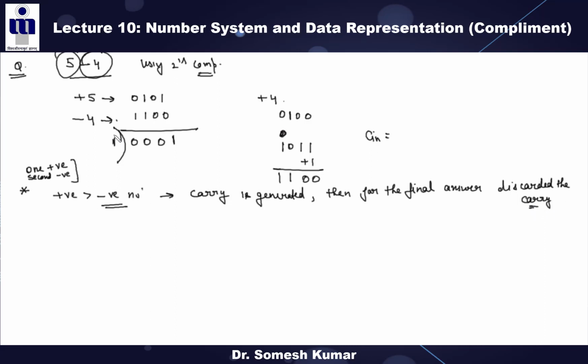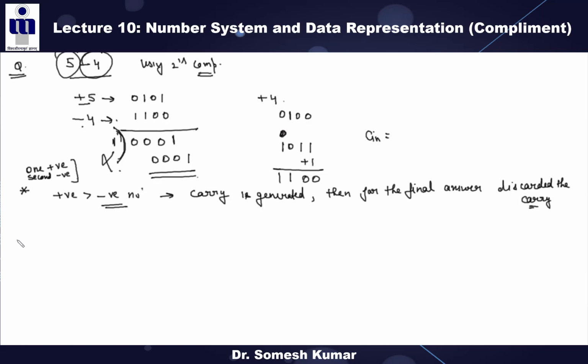If one number is positive, the second is negative, the positive is greater than the negative, and the carry is generated, then this carry is discarded, and the answer is 0, 0, 0. Clear? This is your plus 1.